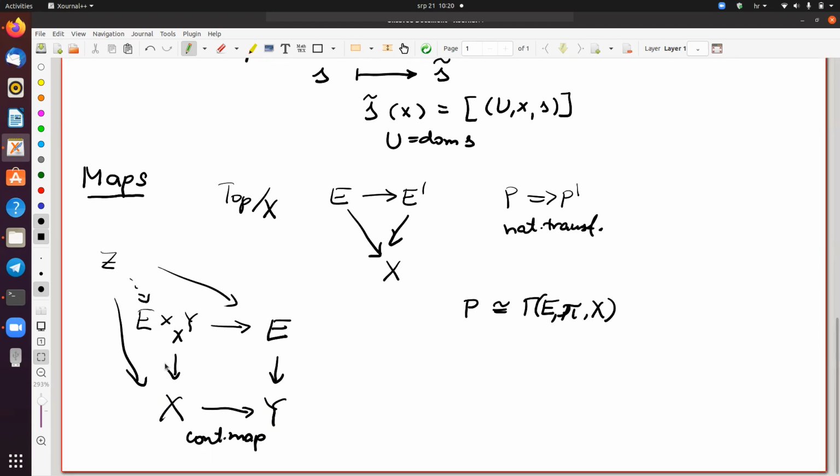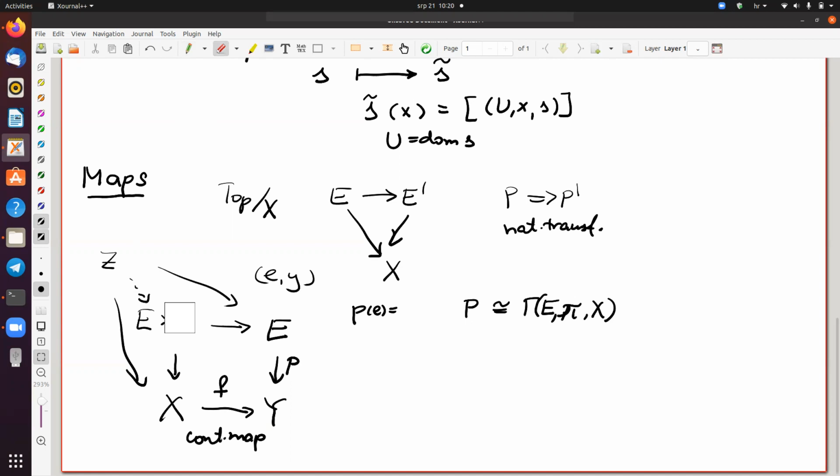So these are simply pairs X, E such that, if this is F and this is P, then P of E is the same as F of X. Sorry, what am I doing?